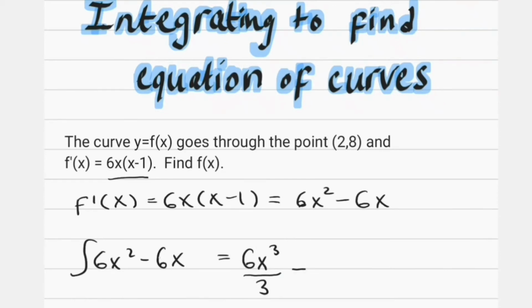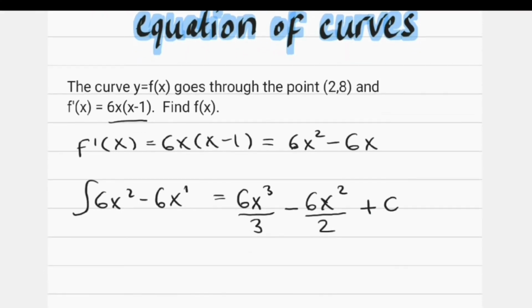Take away 6x to the power of 2, because technically here there's a 1. So we add 1 to the power, and then we divide that by 2 as well. And also don't forget to add plus c at the end. And therefore that equals 2x to the power of 3, take away 3x squared plus c.